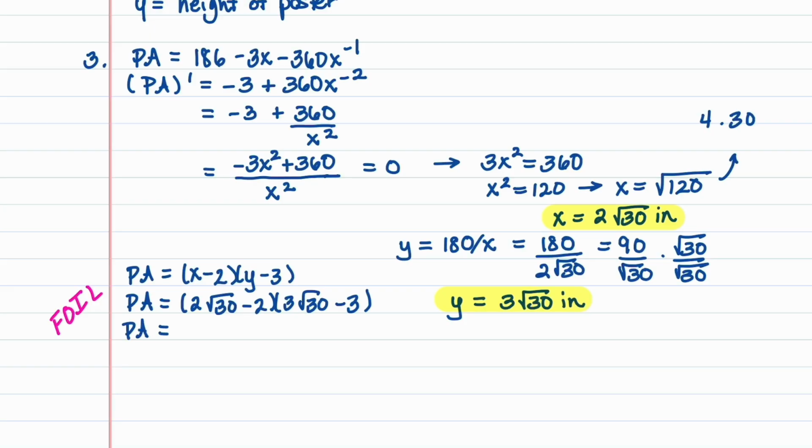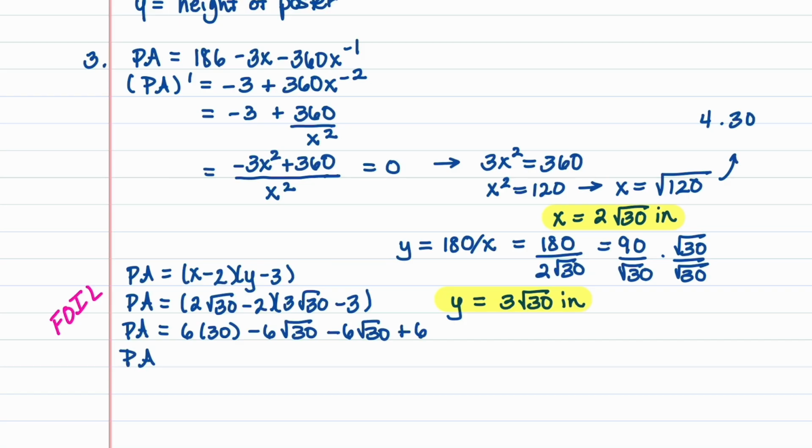Our first terms are 2 root 30 times 3 root 30. So this is 6 times 30. And then our outer terms gives us a minus 6 root 30. And then our inner terms is the same thing, minus 6 root 30. And then our last terms gives us a plus 6.